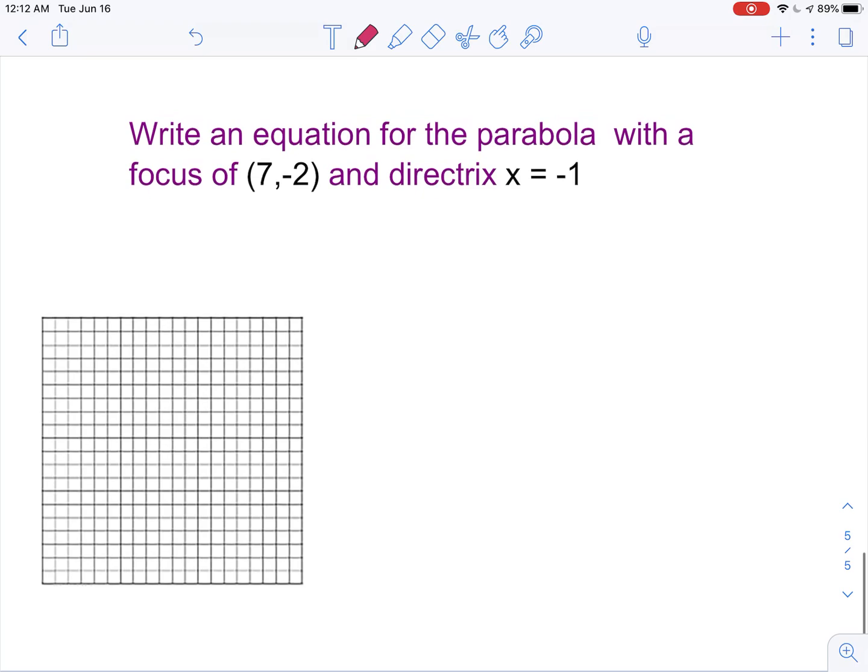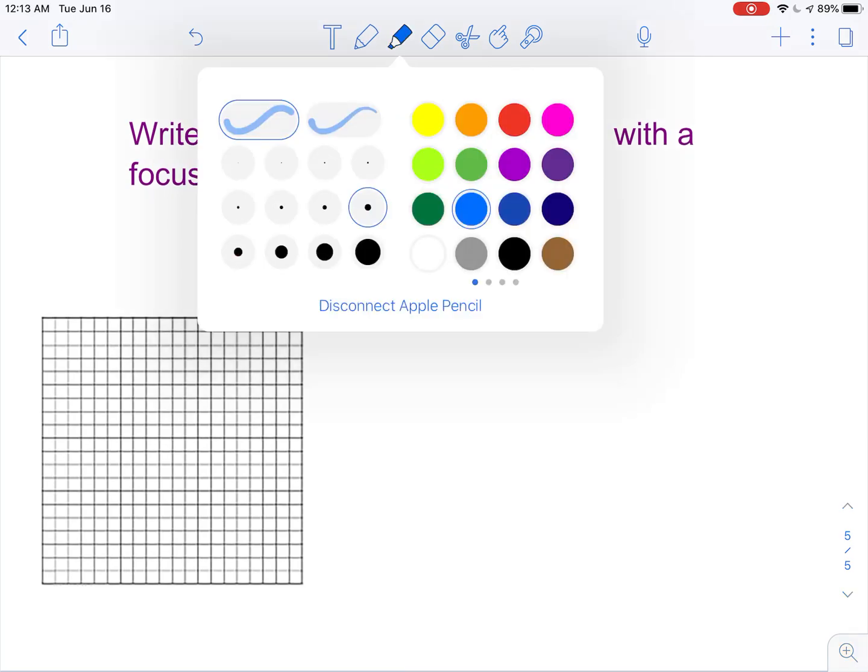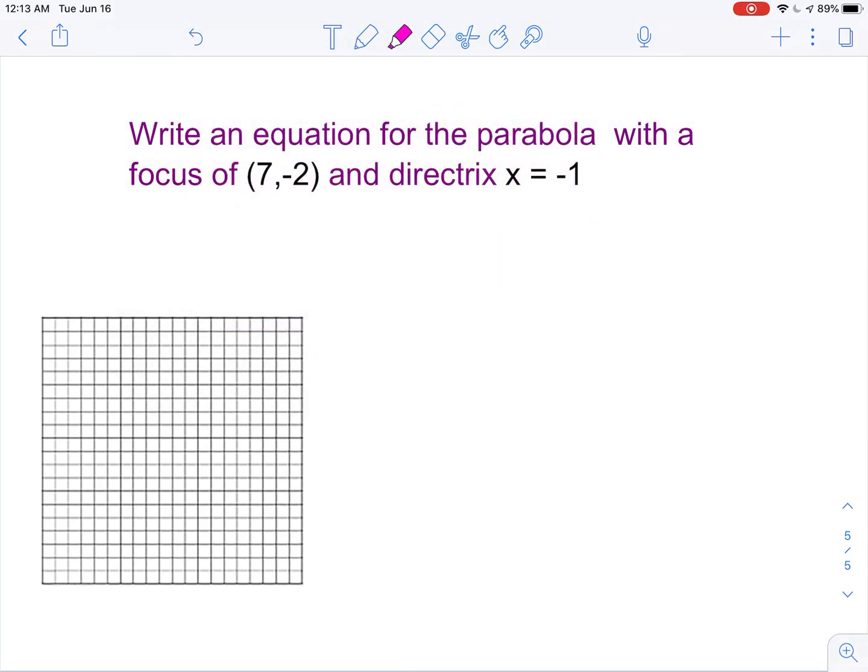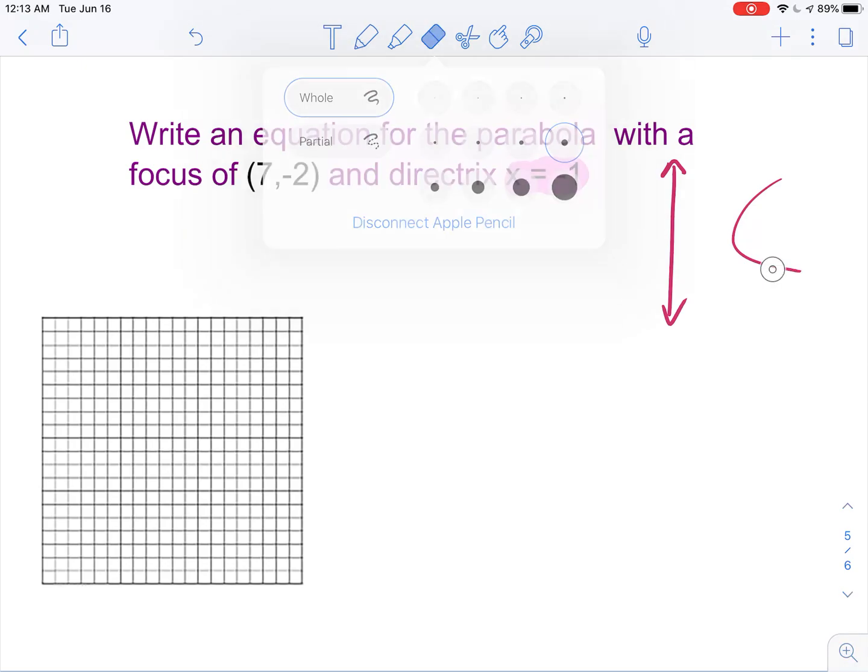So let's try one more. Write the equation of the parabola with a focus of (7, -2) and a directrix of x equal to -1. If my directrix is equal to an x value, that means it's going to be a vertical directrix, which means that in order for my parabola to point away from it, it has to be horizontal.